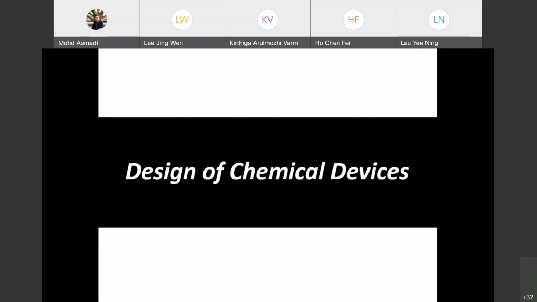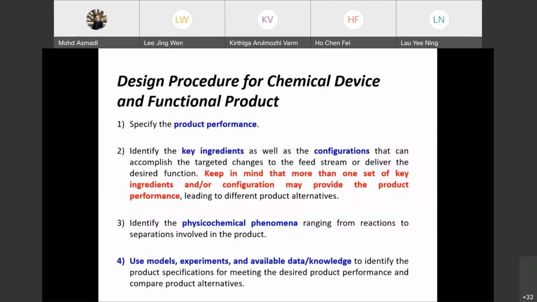So if you look at here, the design procedure for the chemical device and the functional products, actually we have to specify the product performance, and we have to also identify the key ingredients. This is the main thing, the key ingredient.